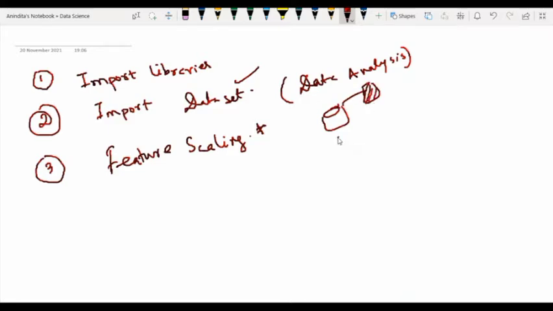The purpose of this dataset is that by extracting data from it, our machine learning model will learn. But in a particular dataset, we have different kinds of features, all with different units and magnitudes.